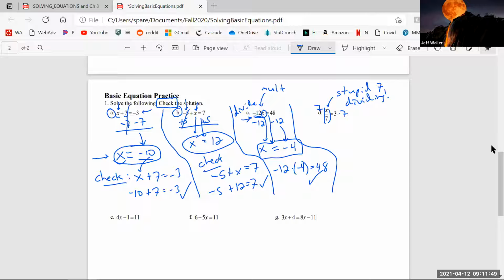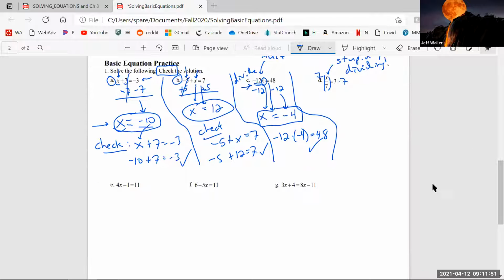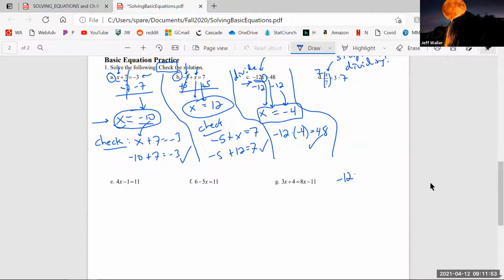I get people all the time. So for example, on that last problem, let me put something down here. I'm going to erase it. On this problem right here, I get people doing this all the time. All right, that's a different answer. Is that just a different way to look at it, Jeff? Don't be coming at me and saying my opinion is wrong, Jeff. Well, no, what's wrong with that? What has happened here that is wrong? You have to divide because the x is next to the 12.